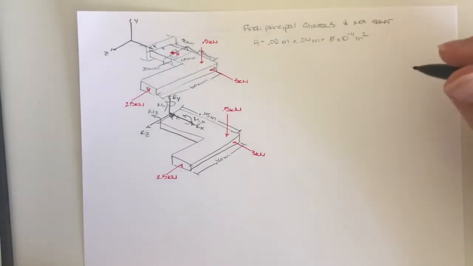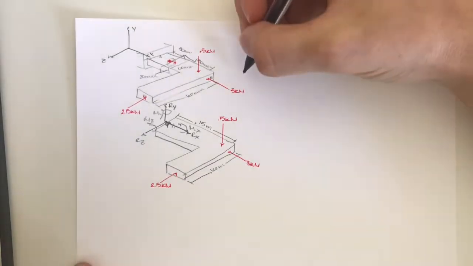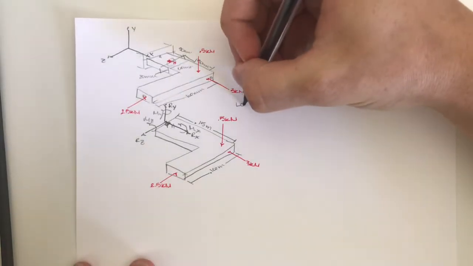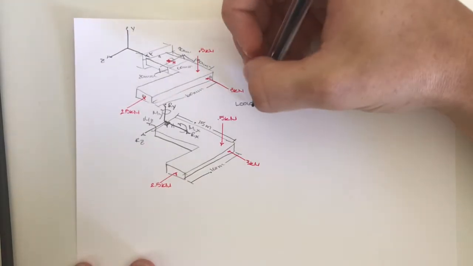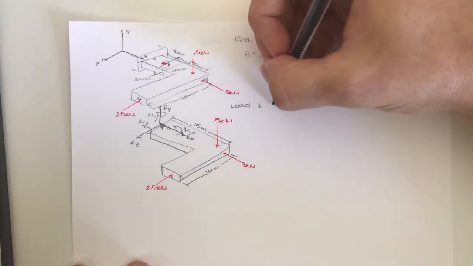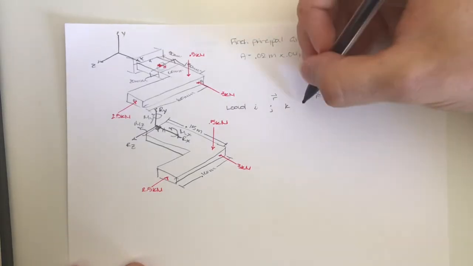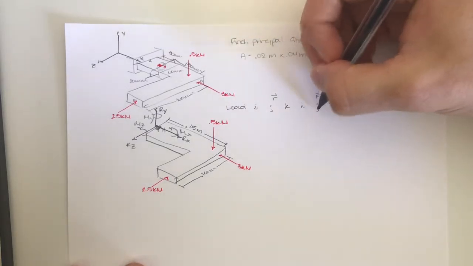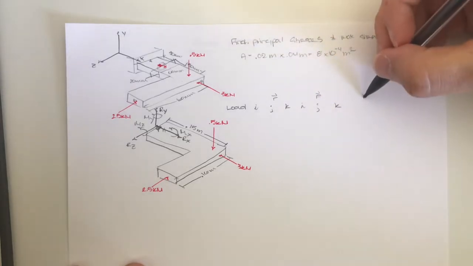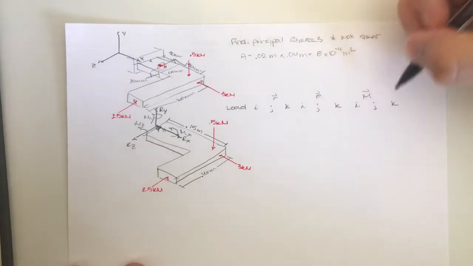Okay, so to find these moments, I'm going to do the load analysis that we've learned. So for each load we're going to have the position i, j, k, the force vector i, j, k, and the moment i, j, k.